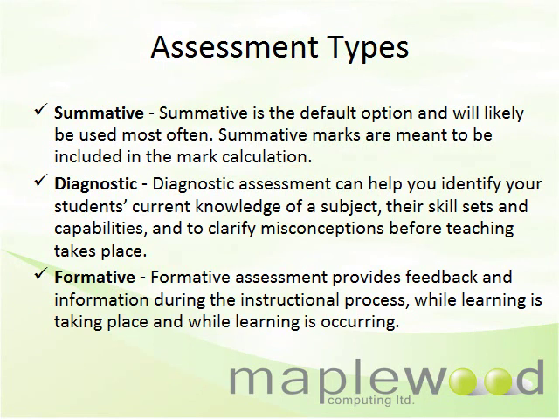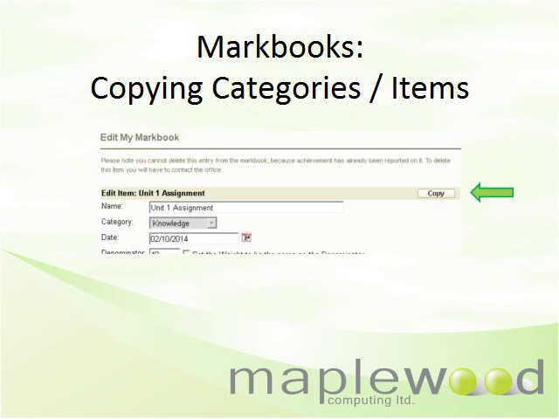So summative is the default, and you use this whenever you want the marks to calculate up into the overall mark. Diagnostic to help you identify the student's current knowledge of the subject, and formative to help you as a teacher see how the assessments that you held, how the student is learning while the learning is taking place.